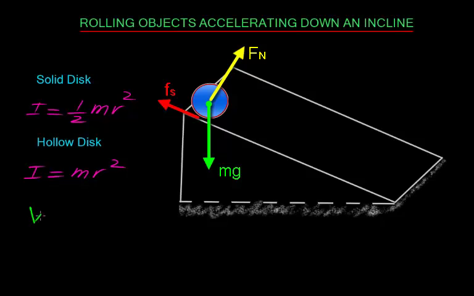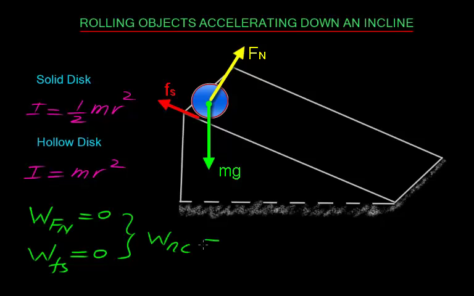The work done by the normal force is equal to 0 because the normal force is perpendicular to the displacement at all times. The work done by the static friction force is 0. As stated in the previous video, the static friction force does not do any work. As a result, the work done by the non-conservative forces is equal to 0.